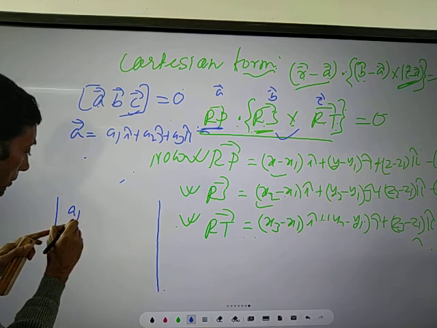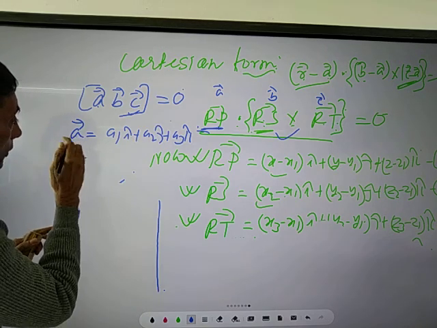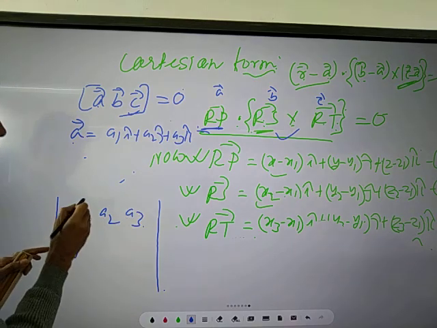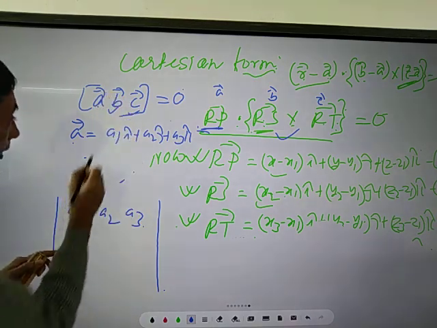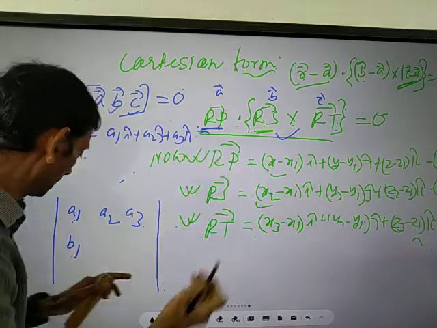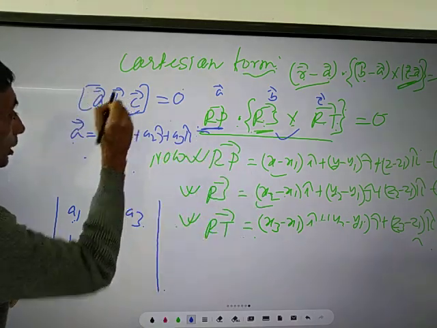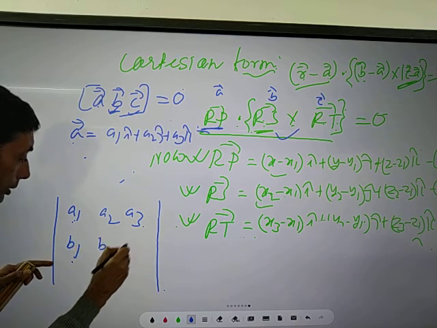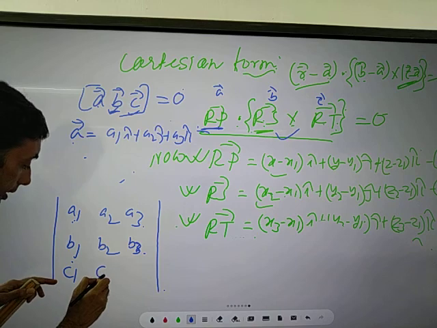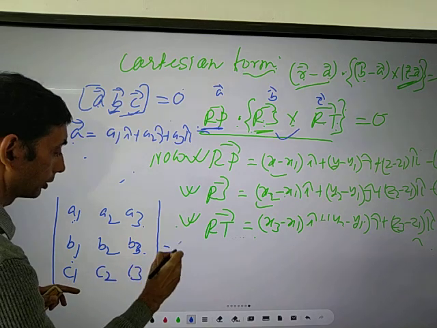How do you write that? First we write the scalar components of a, that is a1, a2, a3, next the scalar components of b, that is b1, b2, b3, and similarly the last row will be c1, c2, c3, equal to 0.